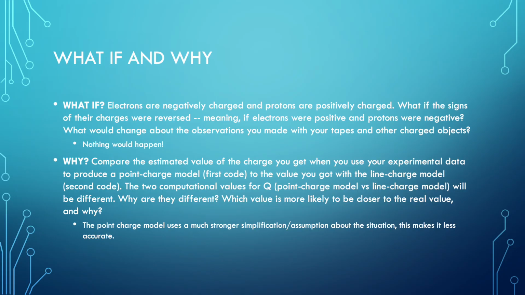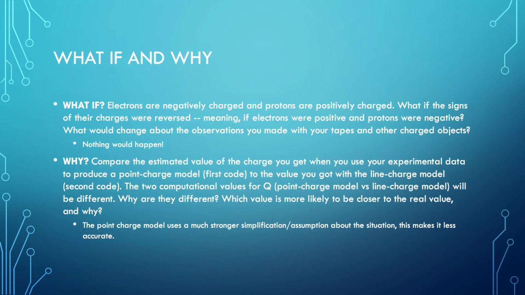Basically that's the same thing as asking what happens if we swap the label on positive and negative, and labeling doesn't really do anything. We can see in terms of the experiment that we did, if we make this swap, nothing would happen because positive charges would still repel each other and we would still have the same experiment come out.